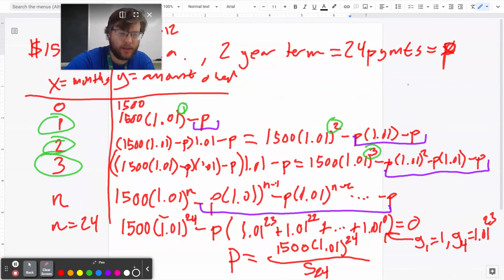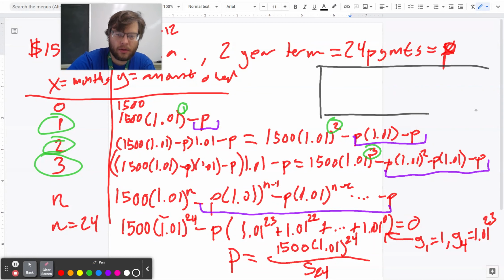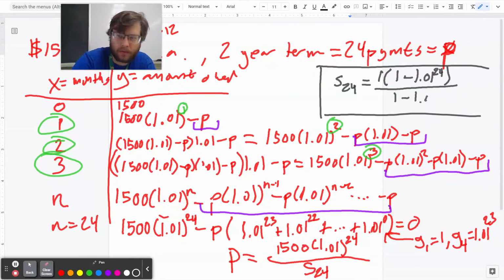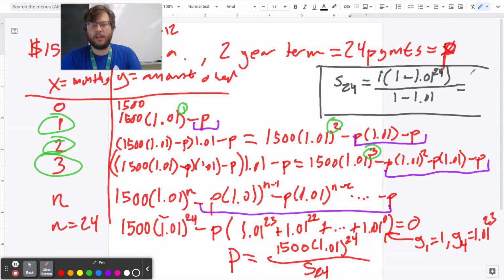So let's use our geometric formula. S24 is going to be the first term times 1 minus R to the N, 1.01 to the 24, divided by 1 minus R. That equals 1 minus 1.01 to the 24th, divided by 1 minus 1.01, and I get 26.97.